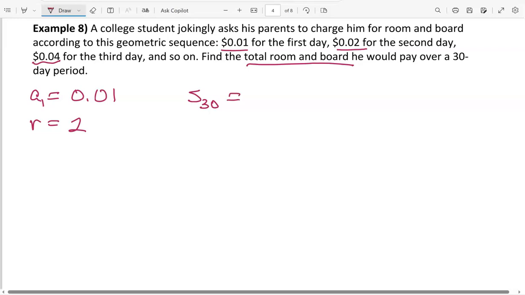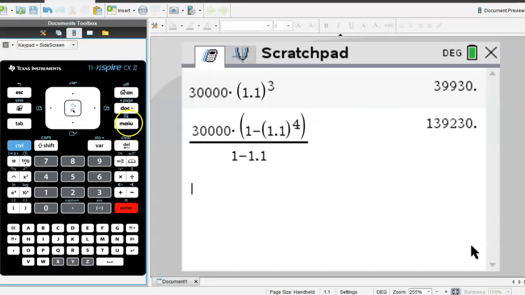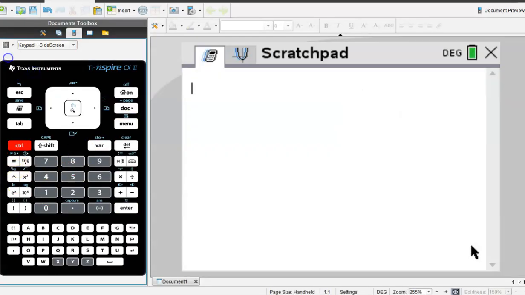And that sum would be the first term times (1 minus the common ratio, which is 2, raised to the 30th power), divided by (1 minus the common ratio). Let's enter that and see what the total rent would be.